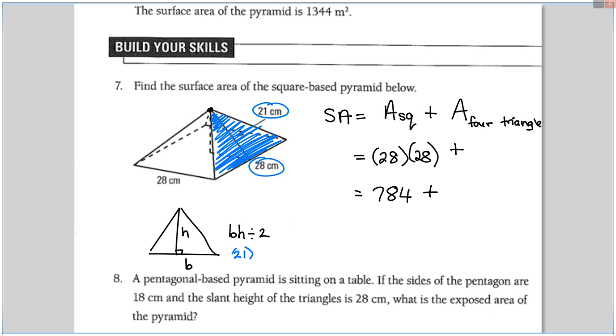So 21 times 28 divided by 2. I got 294. That's the area of one triangle. So I'm going to put this up here. 294 times 4 because there is 4 of them. So 1176. Adding these up, 1960 square centimeters.